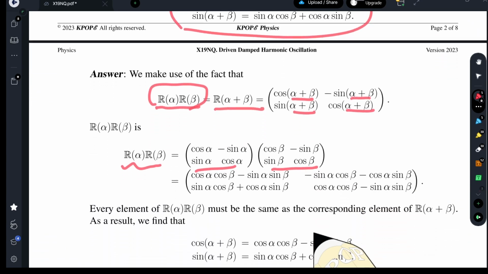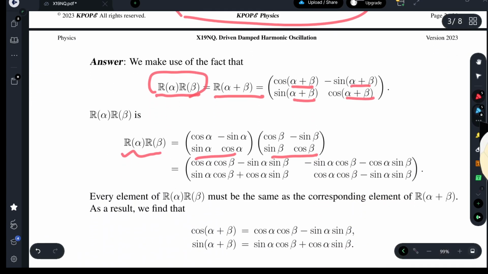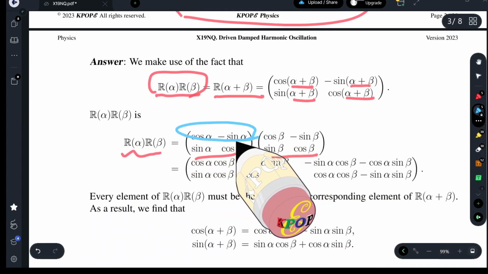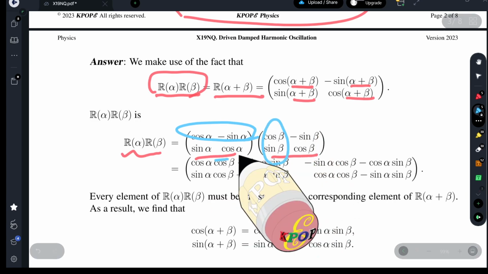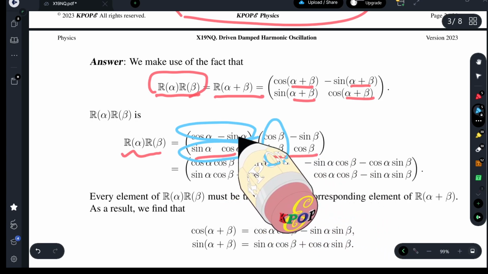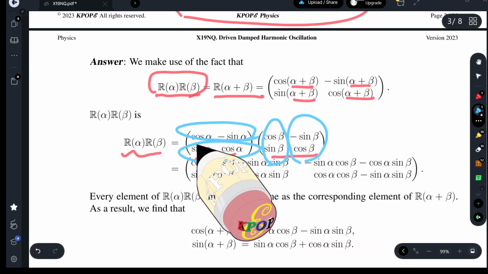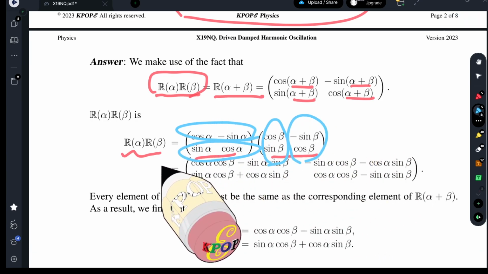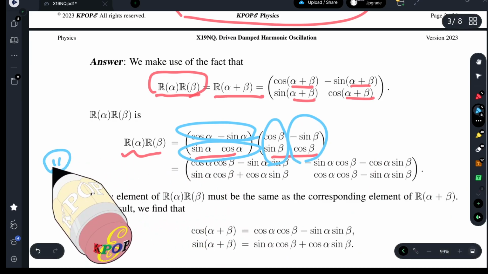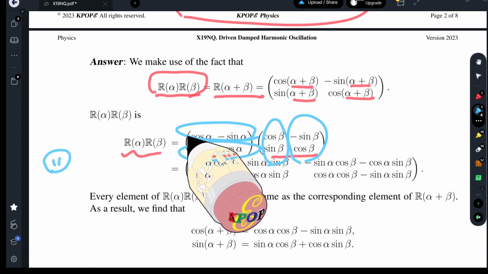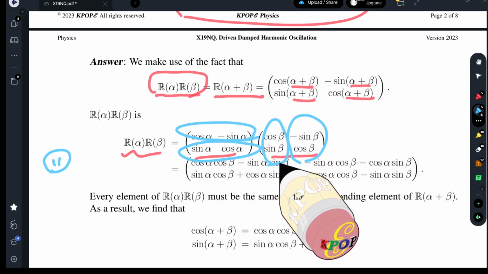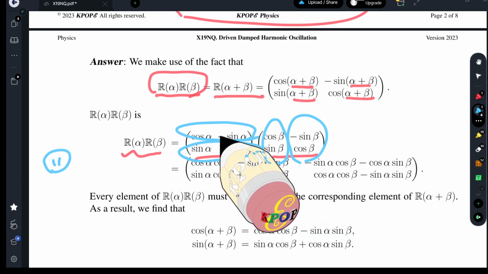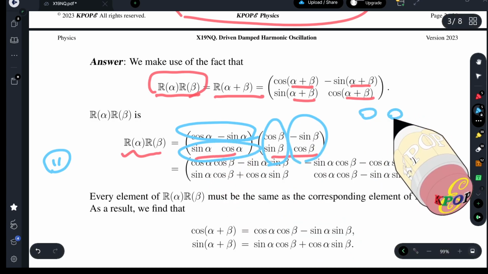Direct multiplication of two matrices can be made by multiplying row and column, row and column, row and column, and row and column. So one element is the product of the first row of the first matrix and the first column of the second matrix.